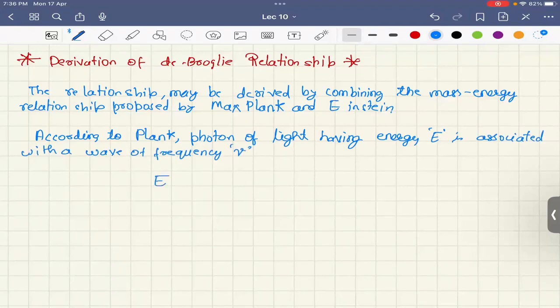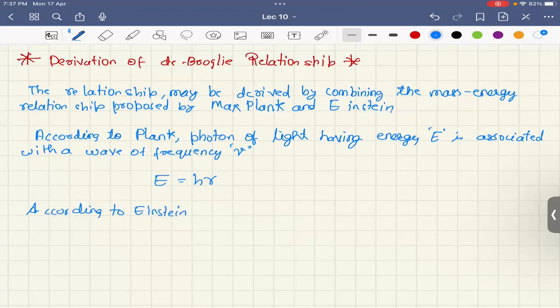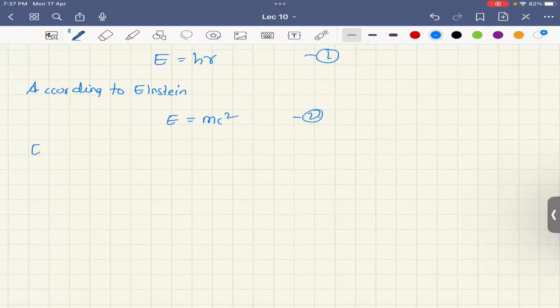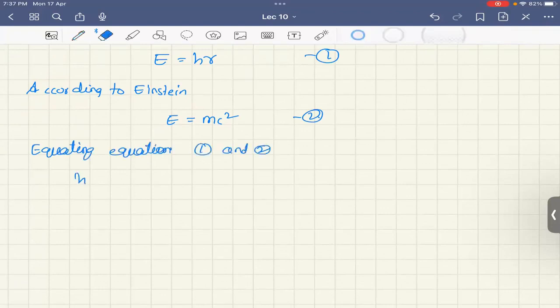And this energy would be given by E equals h nu, whereas according to Einstein, the energy would be E equals m c square. But the energies are the same, right? That means equating equations 1 and 2, we get h nu equals m c square, right?